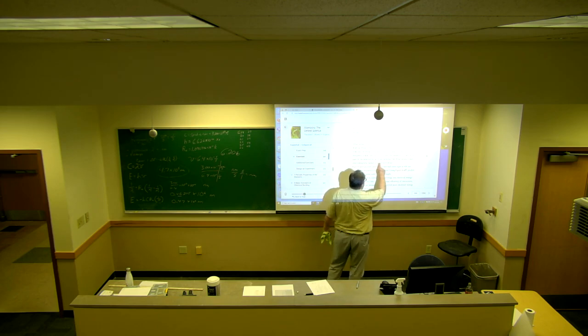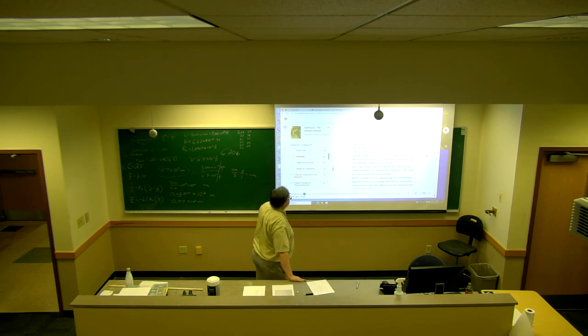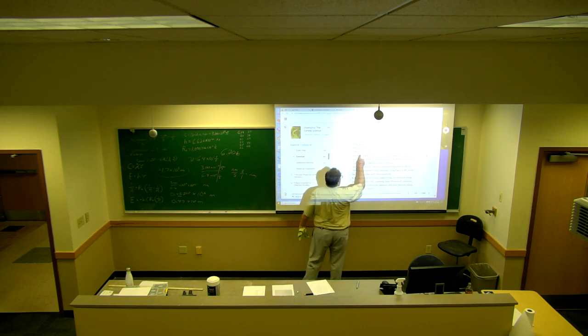Okay, C is saying, would A or part B be detected by an X-ray detector? All right, let's just use this. We could have answered that question just by looking at this.